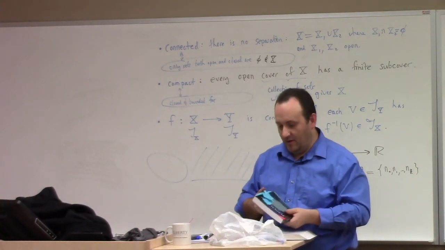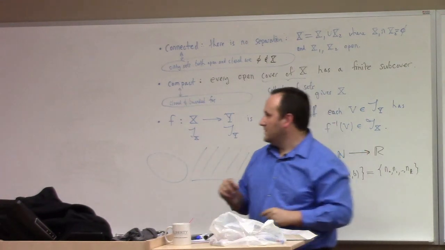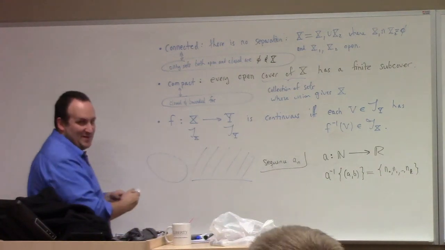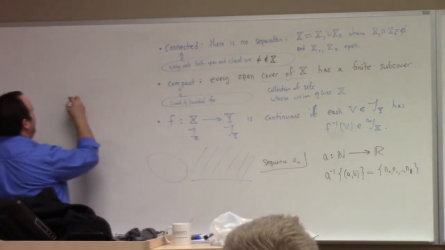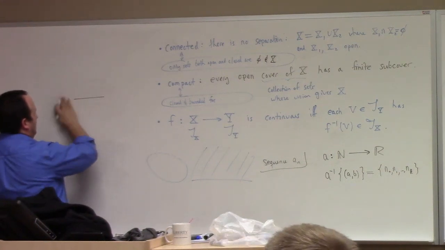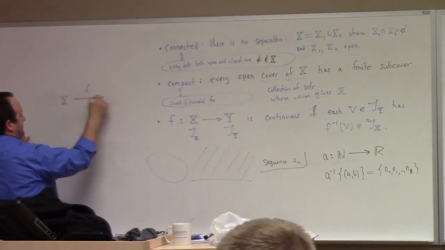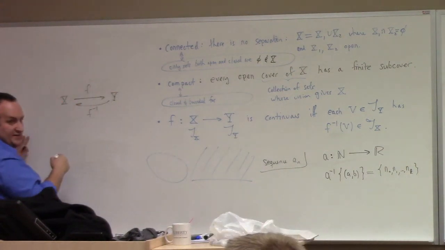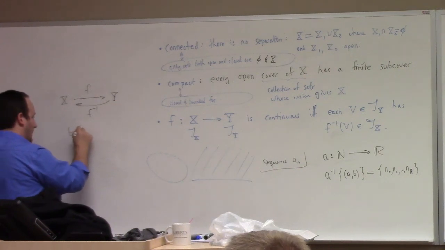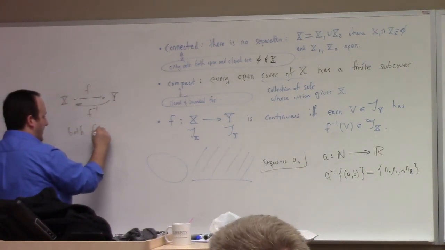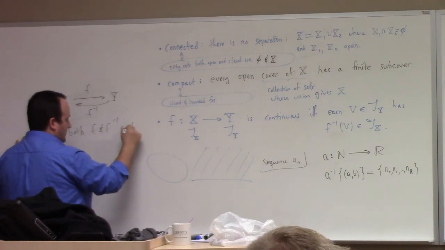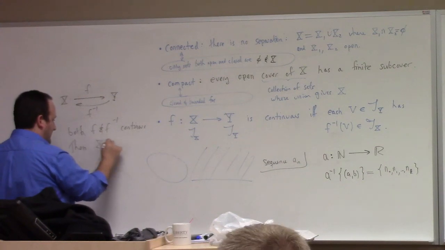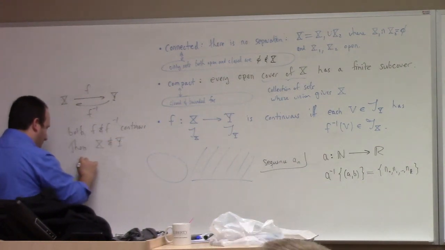Oh, one last thing. There'd be a shame not to mention this. If you can find F going like this, and if you can find F inverse, in other words, if F is a bijection, and if both F and F inverse are continuous, then we say X and Y are homeomorphic.